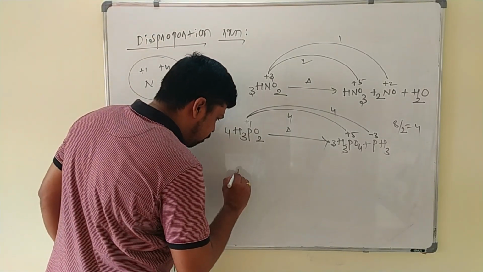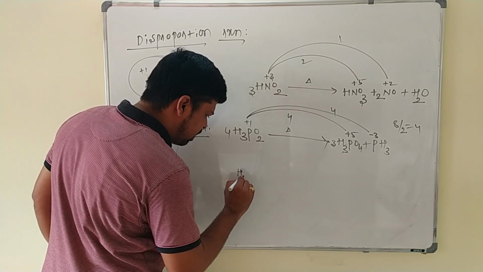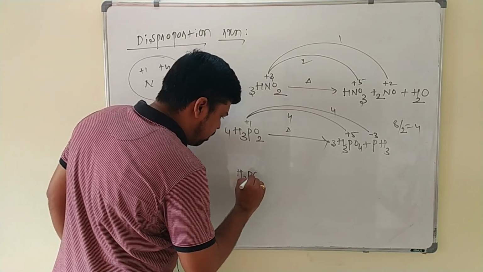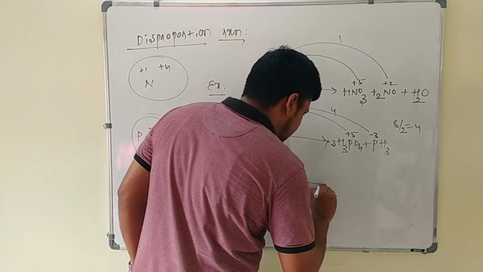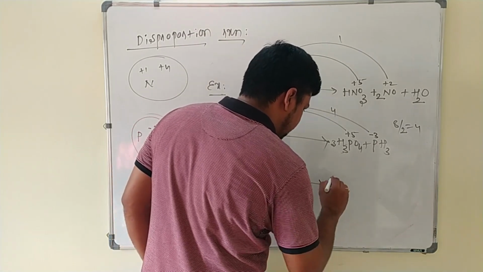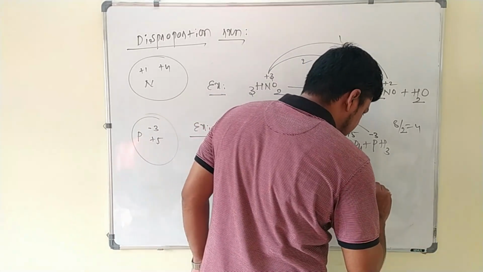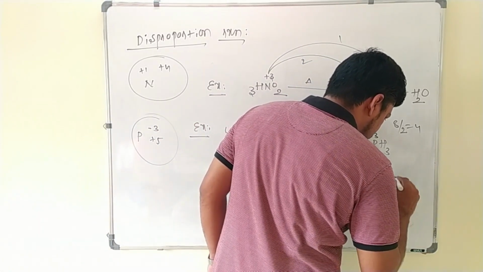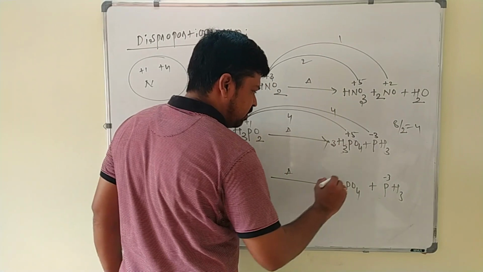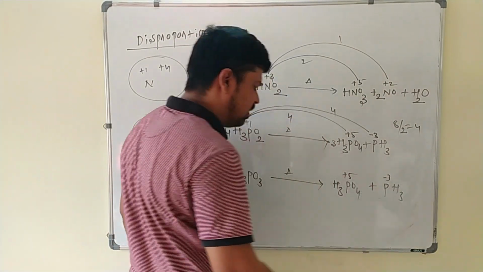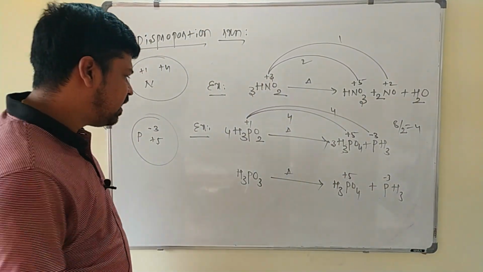Suppose you take phosphorous acid, that is H3PO3, on heating. Again it will convert into the same thing, H3PO4, phosphoric acid. Again it will convert into phosphine. This is the -3 oxidation state and this is the +5 oxidation state.